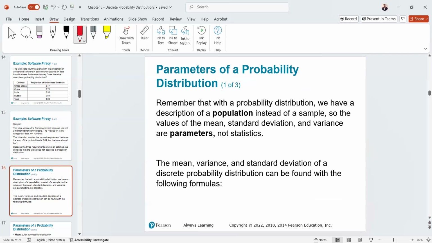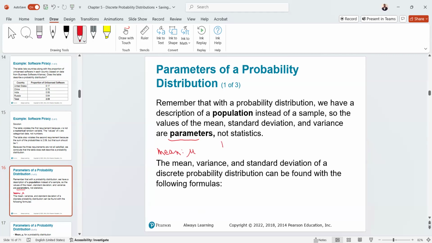Remember, that's something I want you to verify and make sure you see it happen, because with a probability distribution, we have a description of a population instead of a sample. So the values of the mean and standard deviation and variance are parameters. For the mean, we're going to use the Greek letter mu.